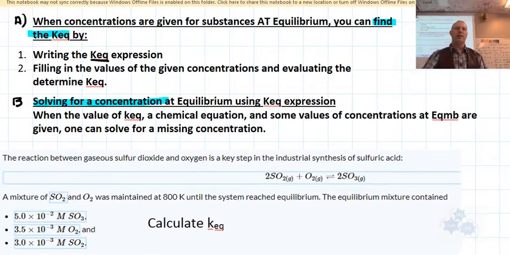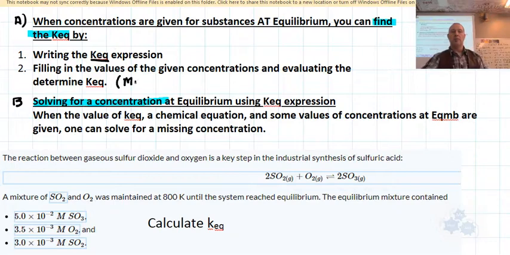And then you fill in the values in the Keq expression with concentrations that are given in the problem. And most of the times, they'll be given to you as concentrations. Well, the concentrations have to be moles per liter. They might give you grams per liter or something like that, which you'd have to then change to moles per liter. So I should write that in here too.